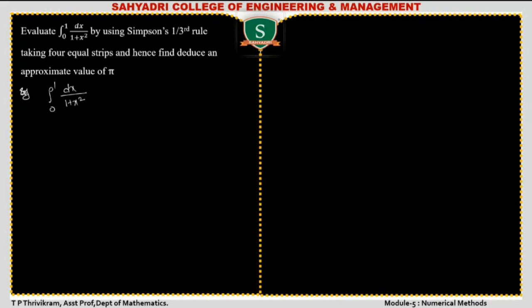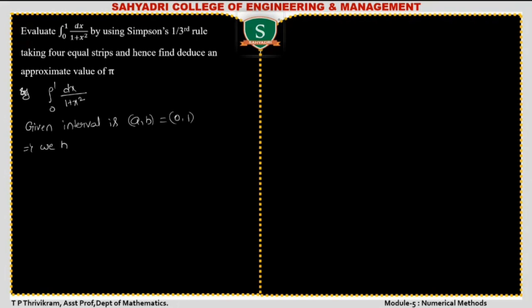Based on how you divide the strips, the given interval is a, b, which is 0, 1.